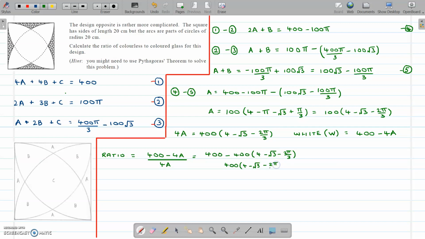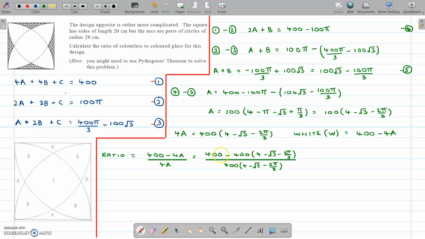Okay, so it looks really complicated because you've got this fraction within a fraction, and then of course you've got your fraction line here. Now that can be simplified enormously because we have a common factor of 400 in each term at the top.